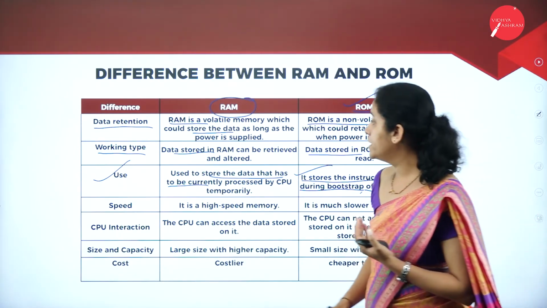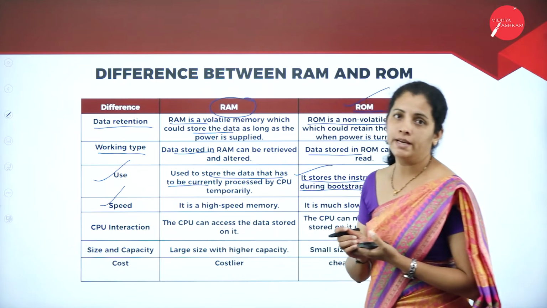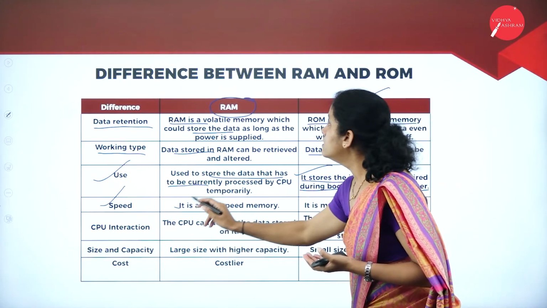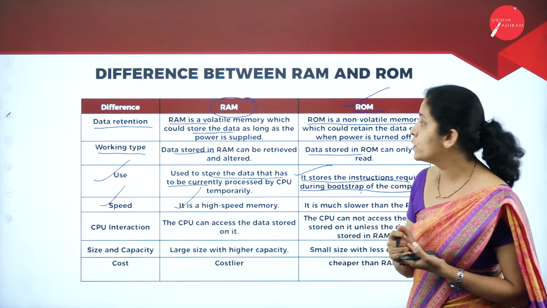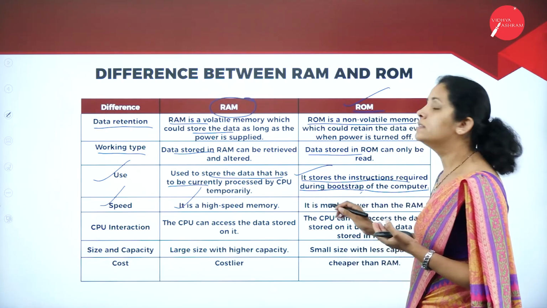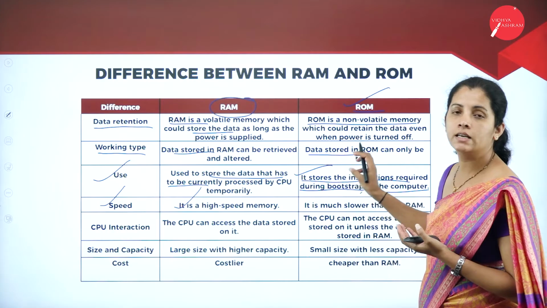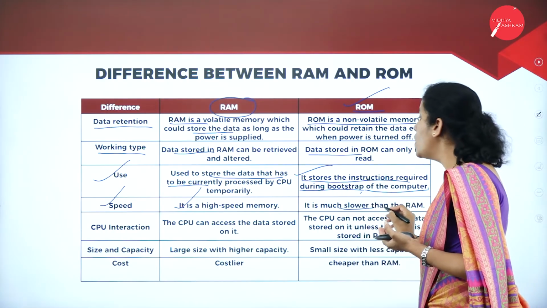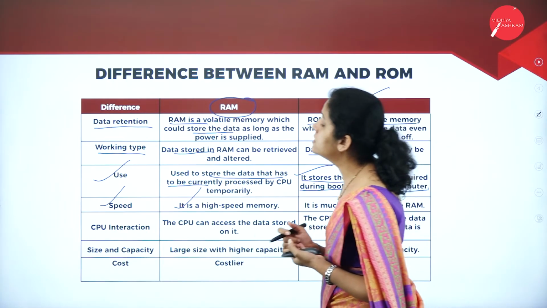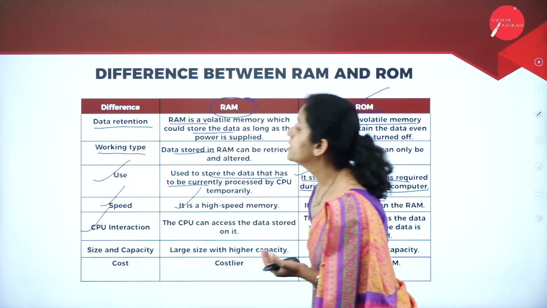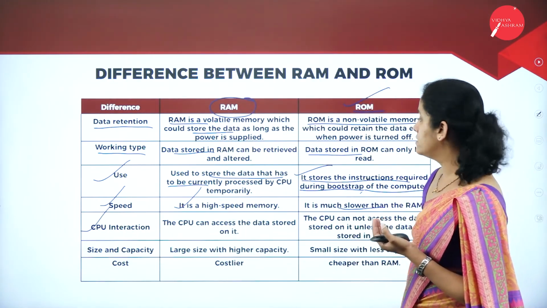The next difference is with respect to speed. Random access memory is called high-speed memory, whereas in ROM the execution speed is very low compared to random access memory. The next difference is with respect to CPU interaction.